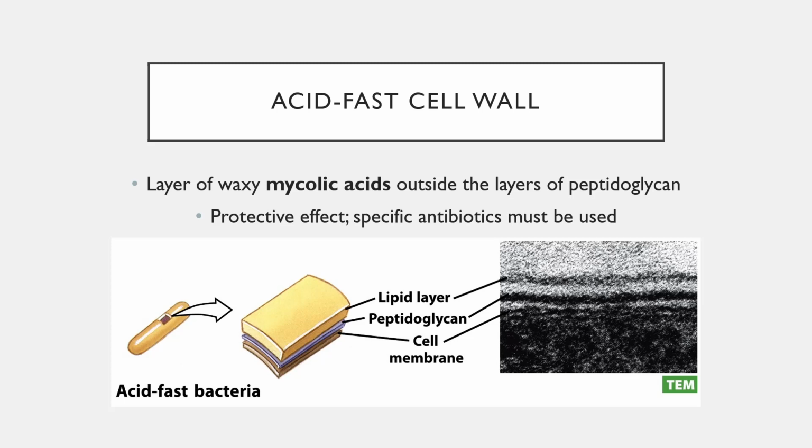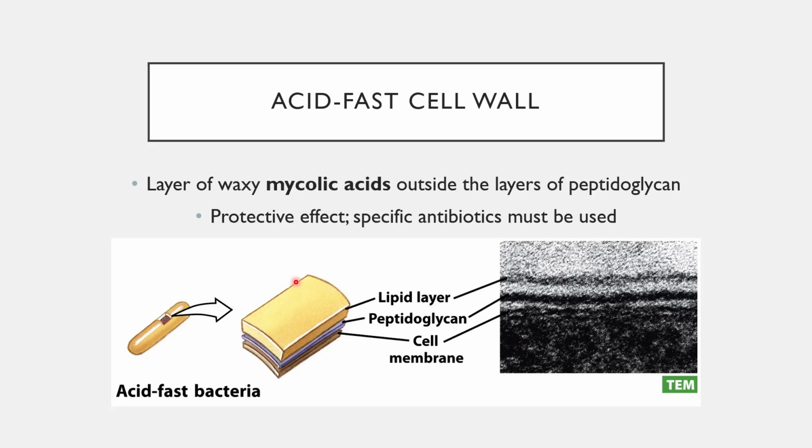The acid-fast cell wall is a special variation of cell wall found in only a few species of bacteria, which is characterized by the presence of a layer of waxy mycolic acids found on top of the layers of peptidoglycan in the wall. These mycolic acids have a protective effect upon the bacteria, and therefore special antibiotics must be used to combat acid-fast bacteria compared to regular bacteria that do not have this layer.